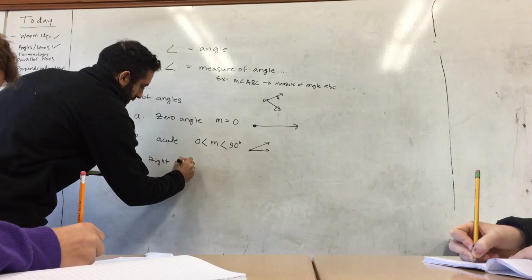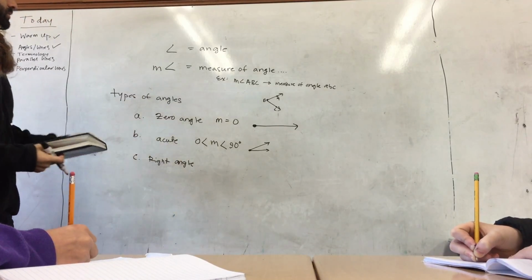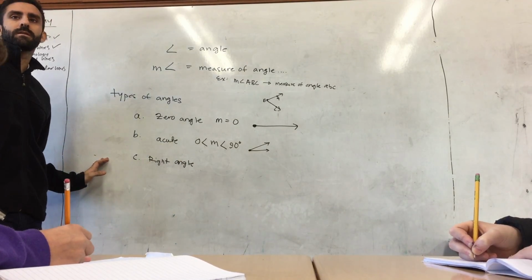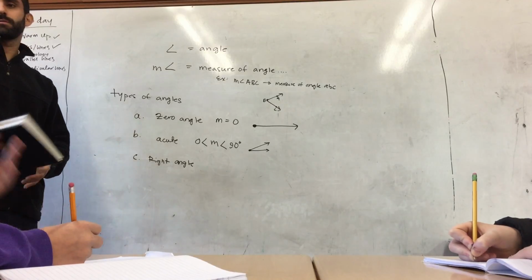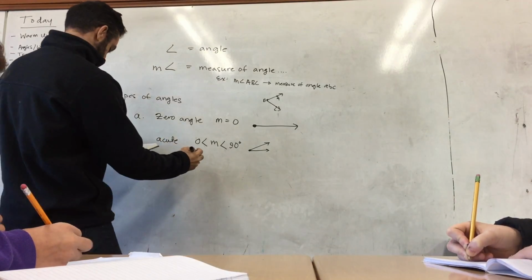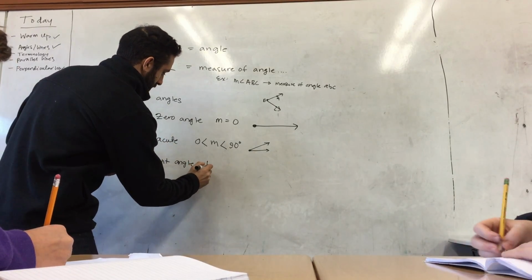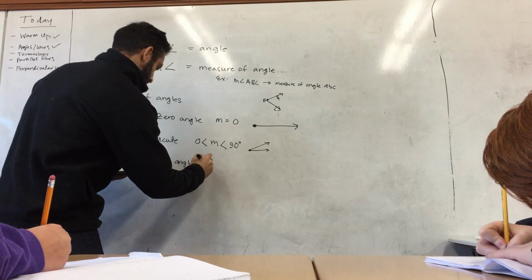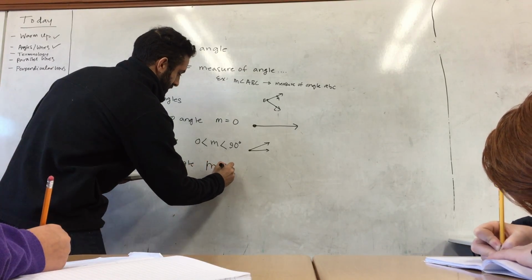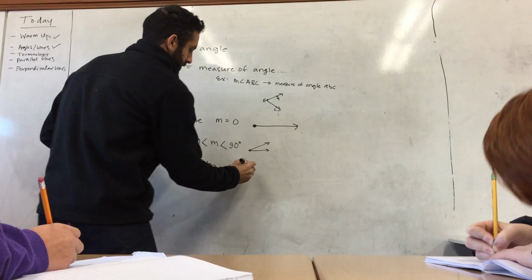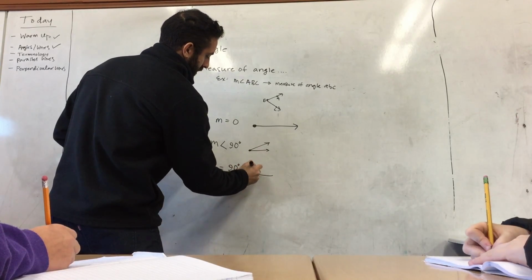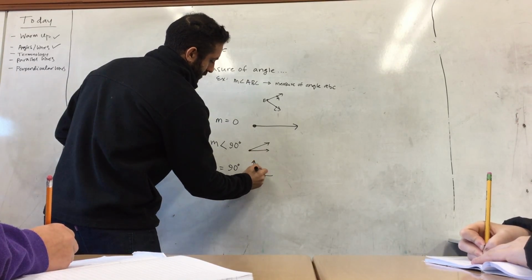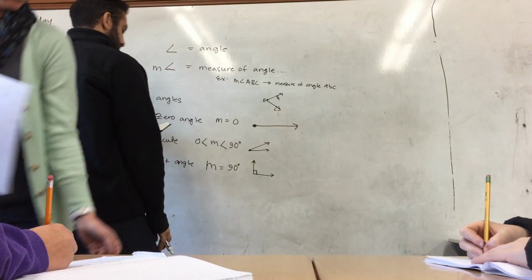There's a right angle. Has any of you heard these terms before? Yes? Okay, great. The measure is exactly 90, and we can draw it like this, and we put this little box here to represent that.